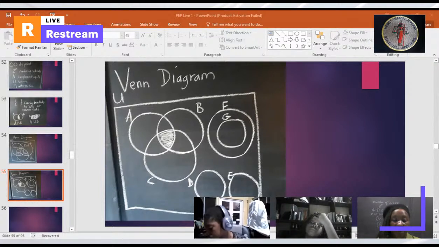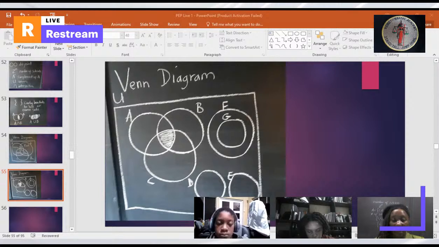And remember, we can have elements within the rectangle but not in any circle, but still a part of the universal set. If you are given the number of elements to work with, you would still have to add those elements that are in the rectangle but not the circle to get the total for the universal set.